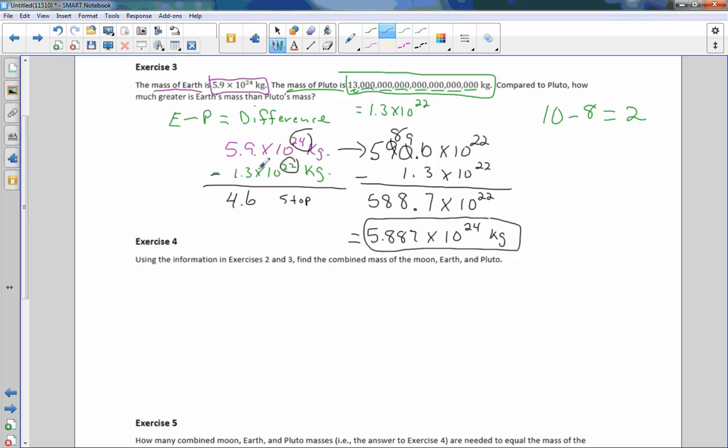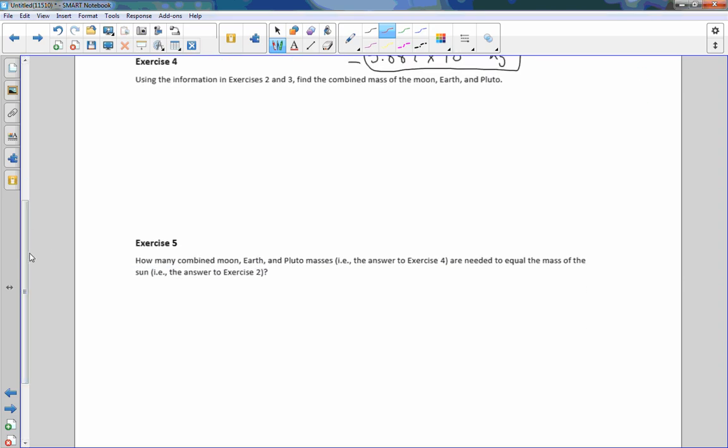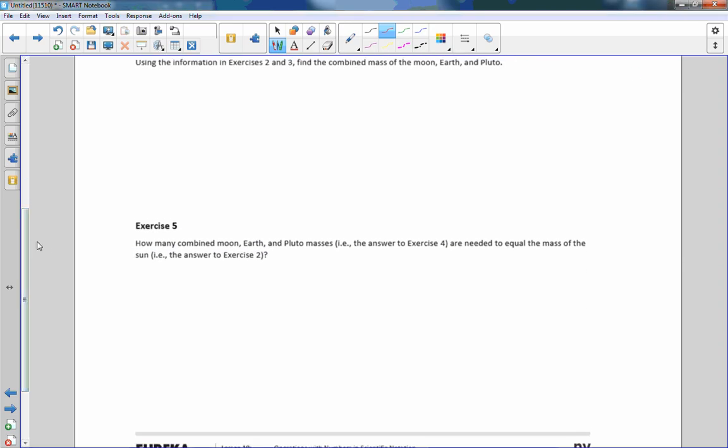Okay, exercise 4. This one I'm going to have to go back and get some information. It says, using the information in exercise 2 and 3, find the combined mass of the moon, Earth, and Pluto. So the moon plus Earth plus Pluto equals a total.